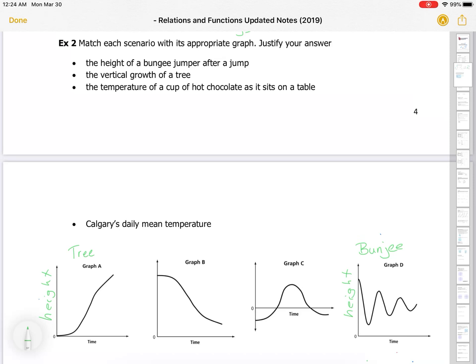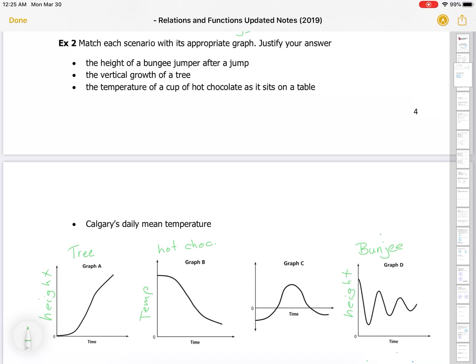It's going to start high, and as it cools, it gets cooler and cooler. It's temperature versus time, so I think it's going to be graph B. The temperature starts high, and as time proceeds, it gets cooler and cooler.